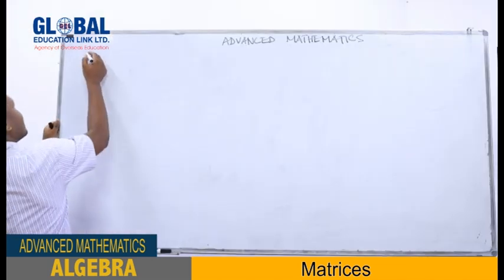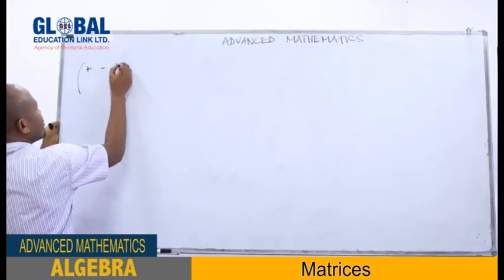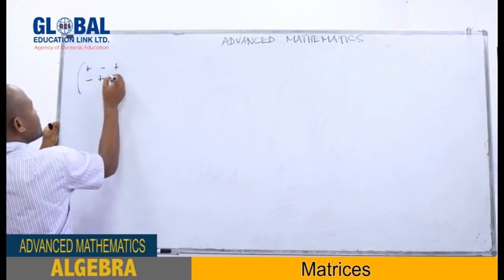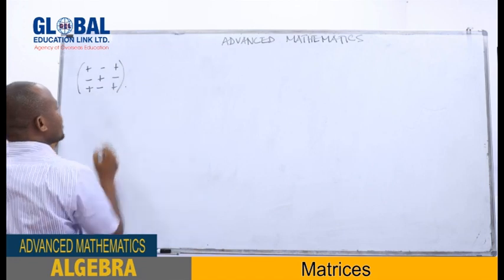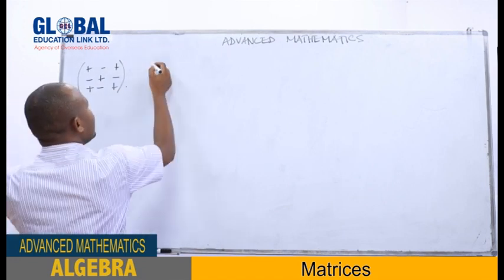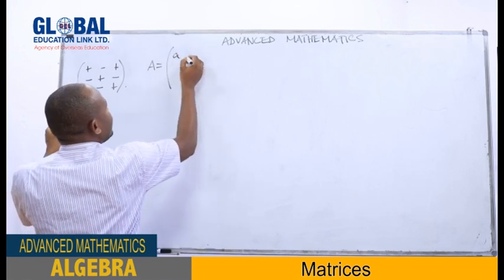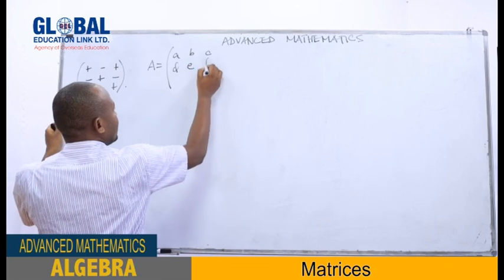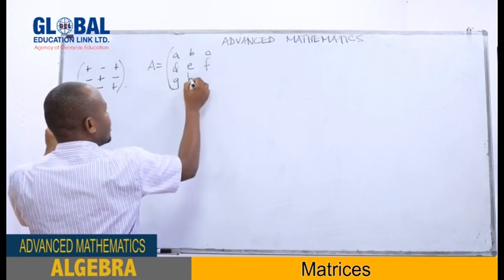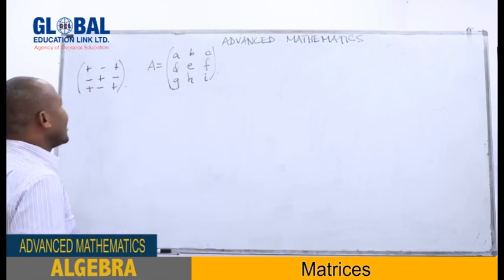The pattern is positive, negative, positive, negative, positive, negative, and then positive, negative, positive. So this is the pattern to be used, and the elements from the matrix are a, b, c, d, e, f, g, h, and i. Those are the elements.